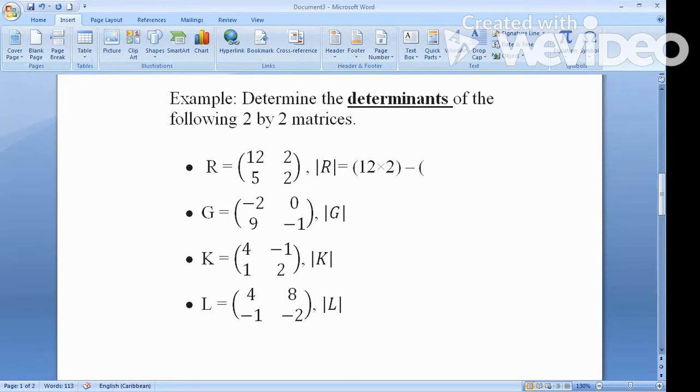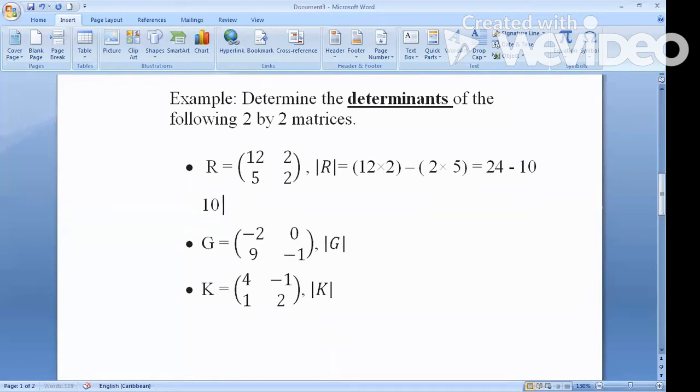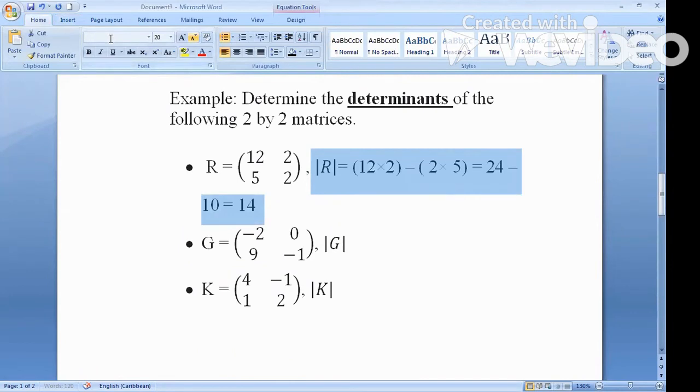It doesn't really matter which one you put first, because multiplication obeys the commutative law. That's 24 subtract 10, so the answer there is 14.